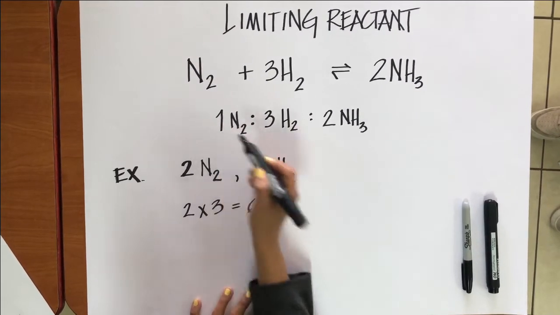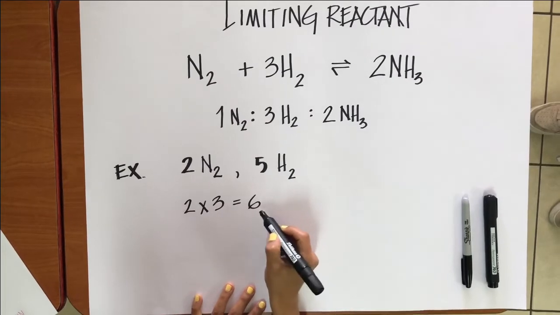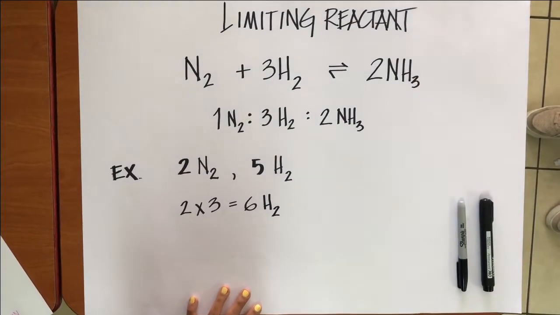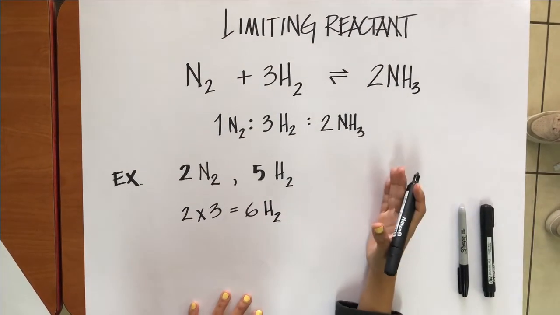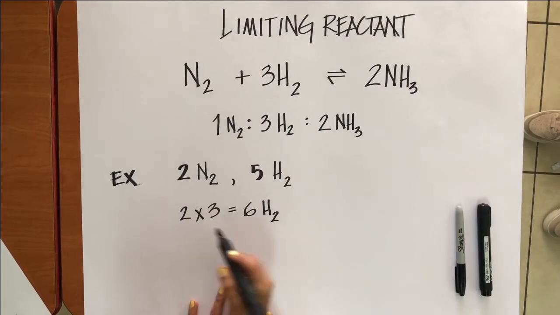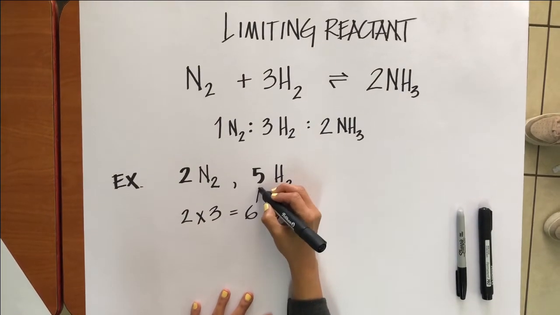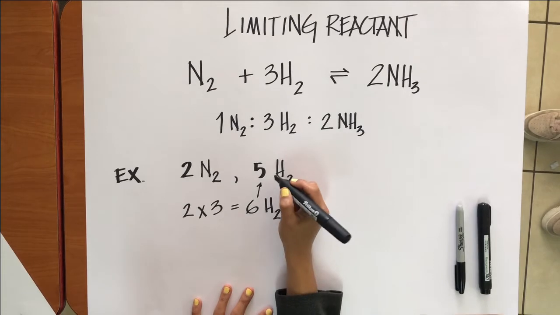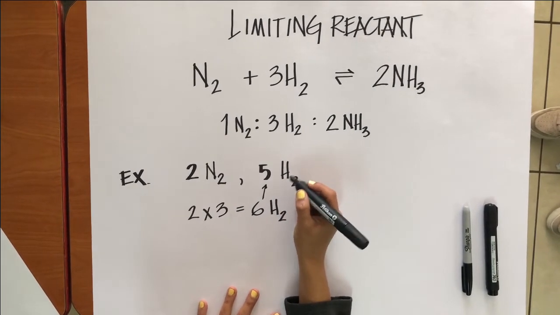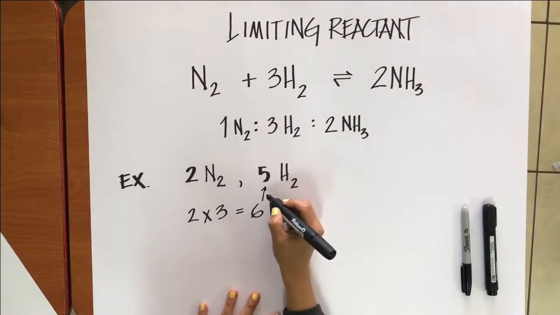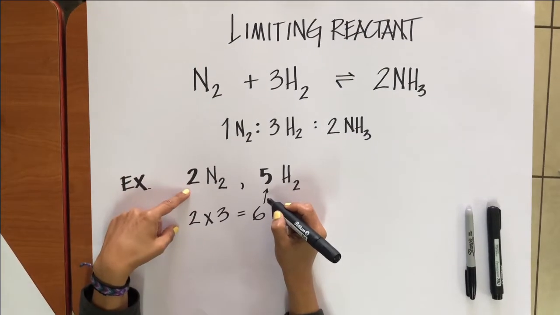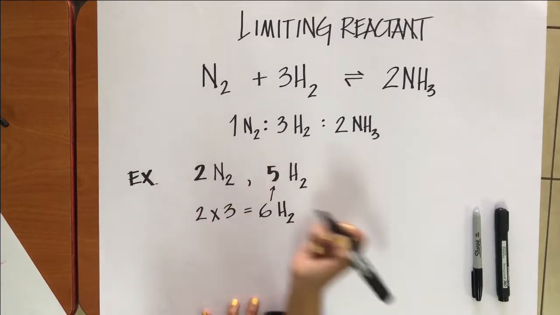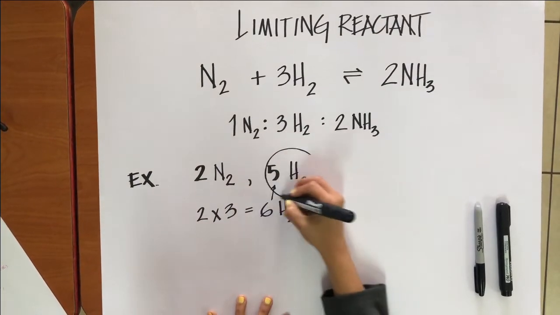So that means that I need 6 hydrogen molecules, but I actually don't have 6, I have 5. Therefore, the one that will limit my reaction is going to be the hydrogen, because I have less than the amount necessary to consume all the nitrogen gas. This one over here.